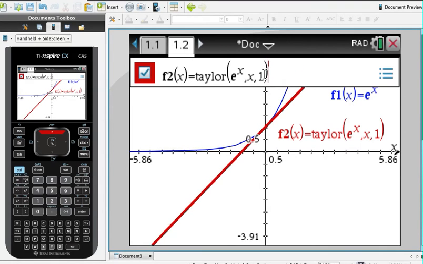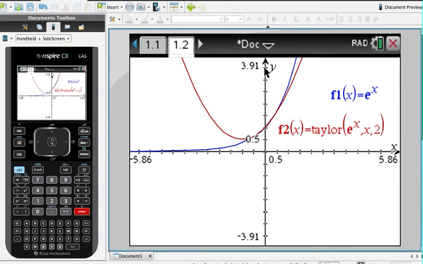There we go. Now I'm going to change the degree from 1 to 2. And what I get after pressing enter is a parabola. It's basically a tangent parabola, not a tangent line, a tangent parabola at x equals 0.